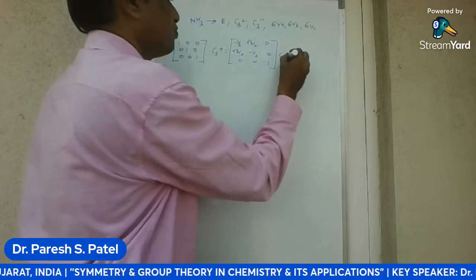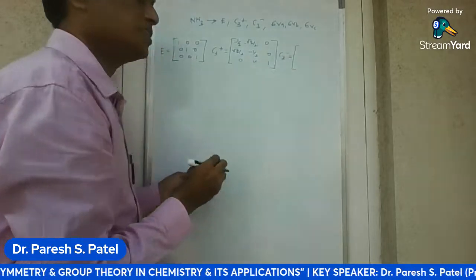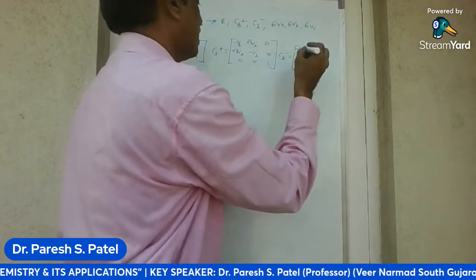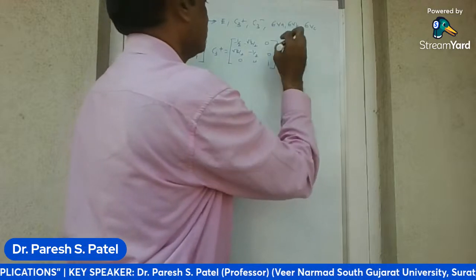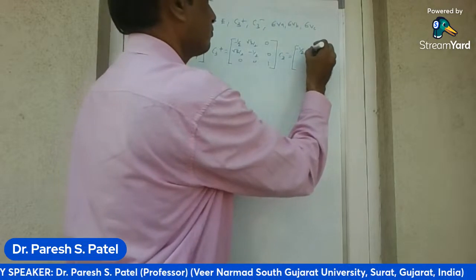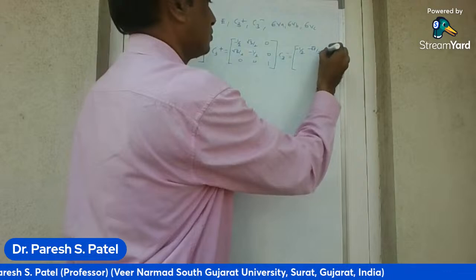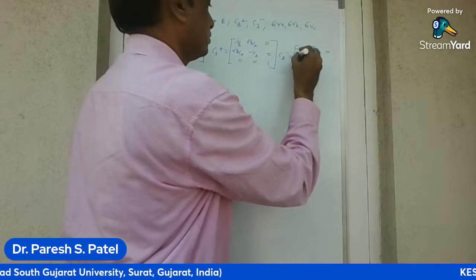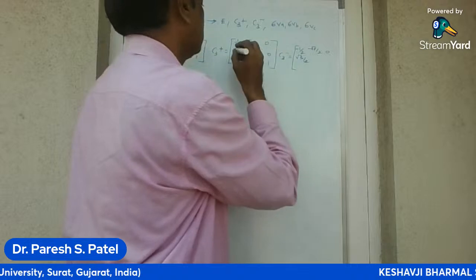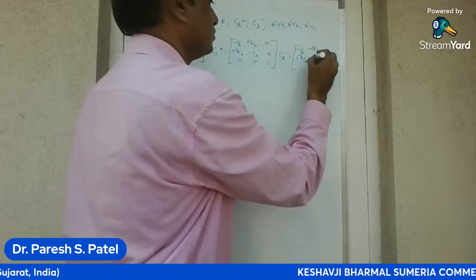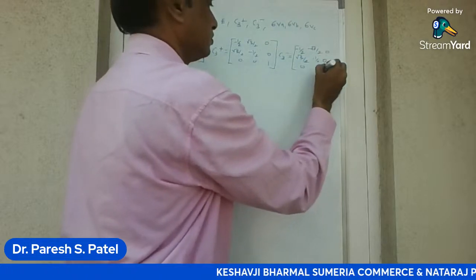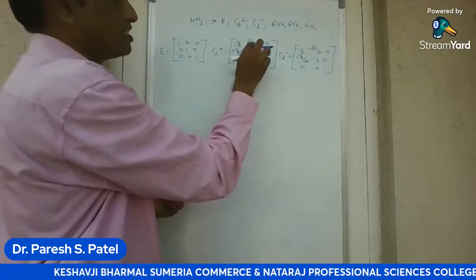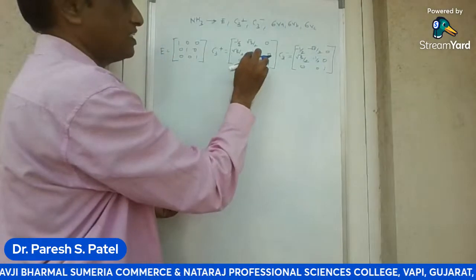Matrix representation for C3 minus: this is for anti-clockwise rotation, minus 1/2. For clockwise rotation: cos theta, sin theta, 0; minus sin theta, cos theta, 0.